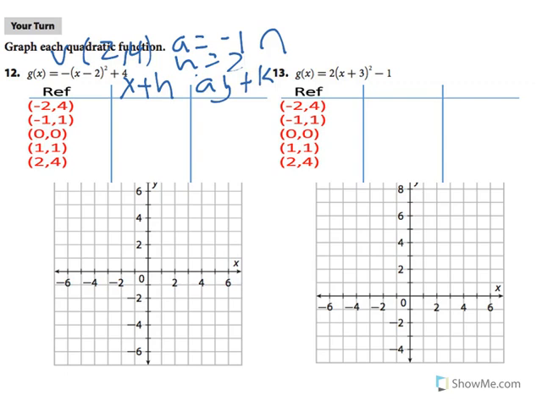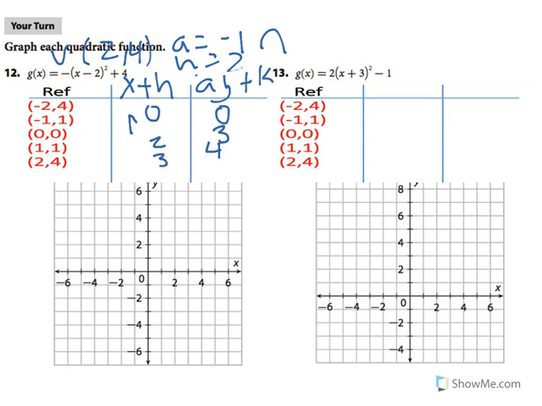So -2 plus 2 gives us a 0. 4 times -1 is -4 plus 4 is also a 0. Right? And -1 plus 2 gives us a +1. And -1 times 1 is a -1 plus 4, so that gives us a 3. And 0 plus 2, that gives us a 2. 0 times... k, which gives us a 4. And 1 plus 2 gives us a 3.